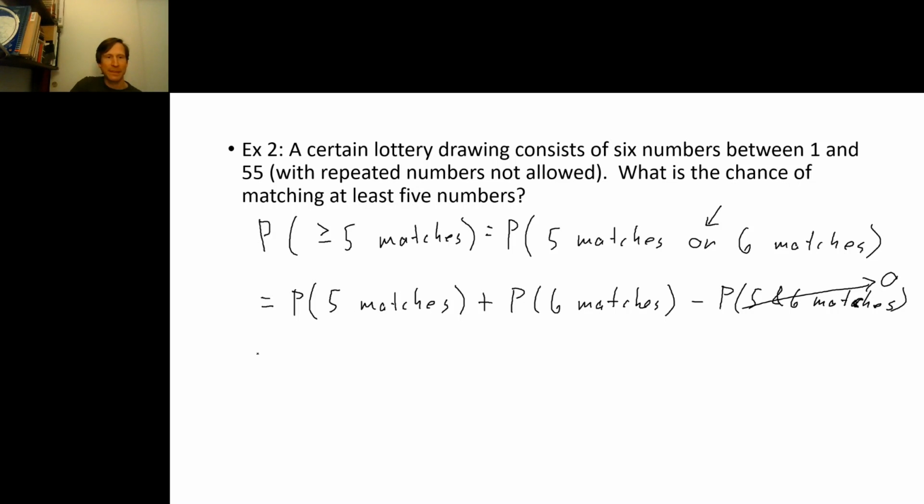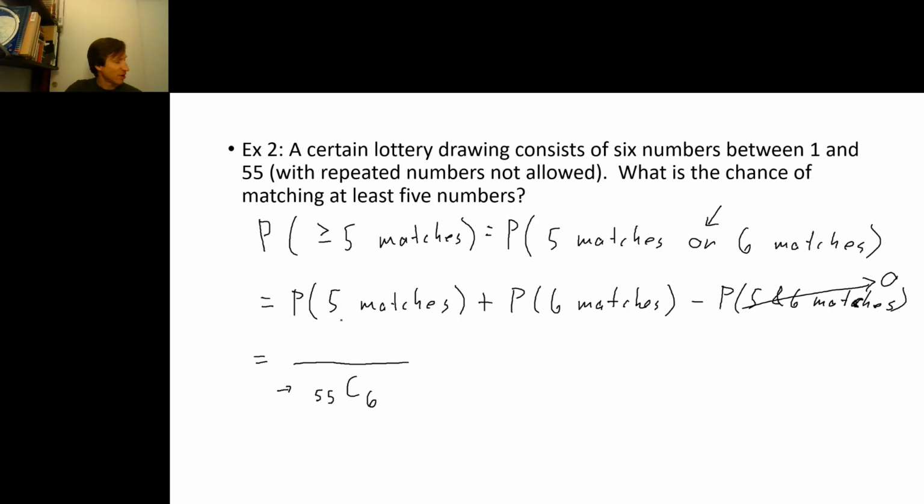Okay, now we need to work out these individual probabilities. So the probability of getting 5 matches, well, in the denominator for this probability, we need to put the total number of possible lottery drawings. There are 55 numbers to choose from, and we're going to choose 6 of those. So that's 55 choose 6.